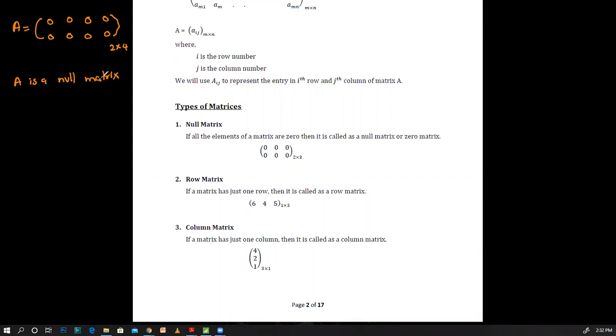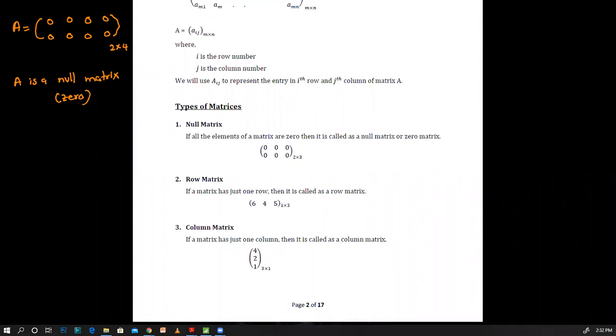It is because all the entries of the matrix are zeros. Another name is zero matrix, since all the elements are equal to 0.